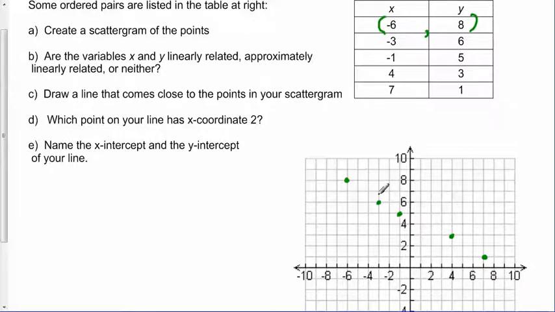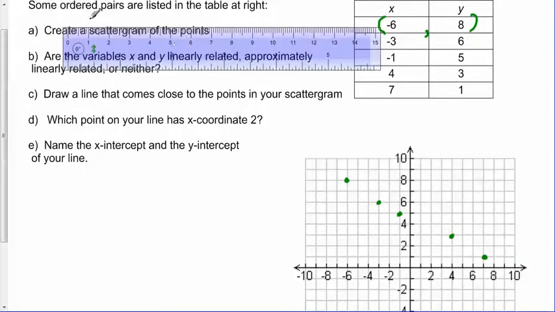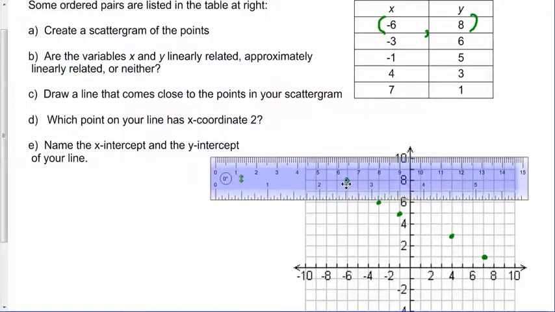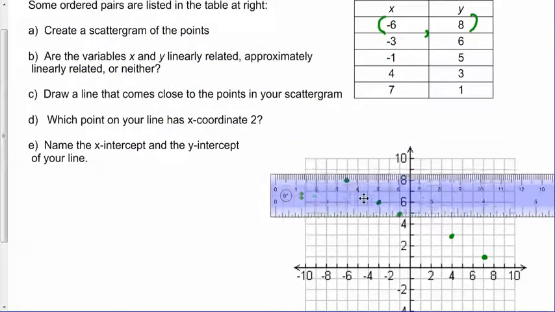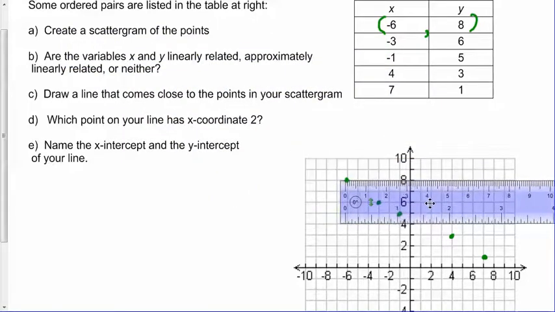With the way our dots are here, it's a little bit hard to tell if they're linearly related or only approximately linearly related. So I'm going to go ahead and grab a straight edge. So here's my straight edge. And I'm going to move it over here and see what happens when I actually line it up.